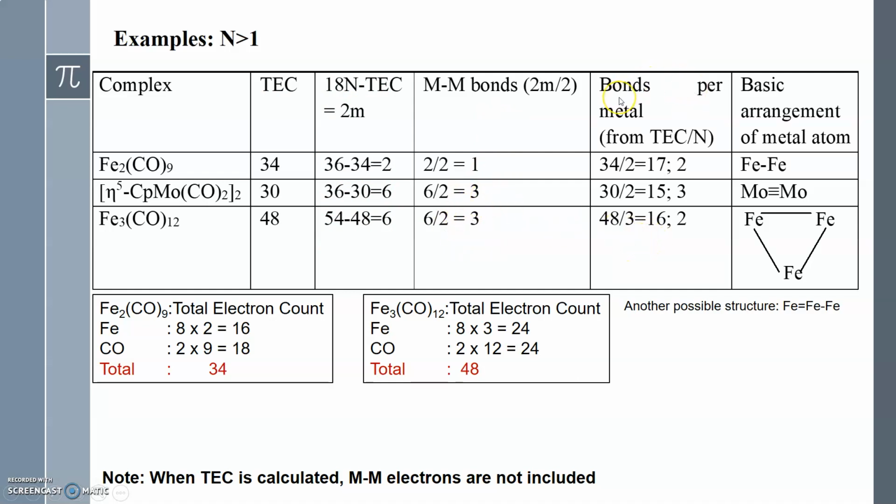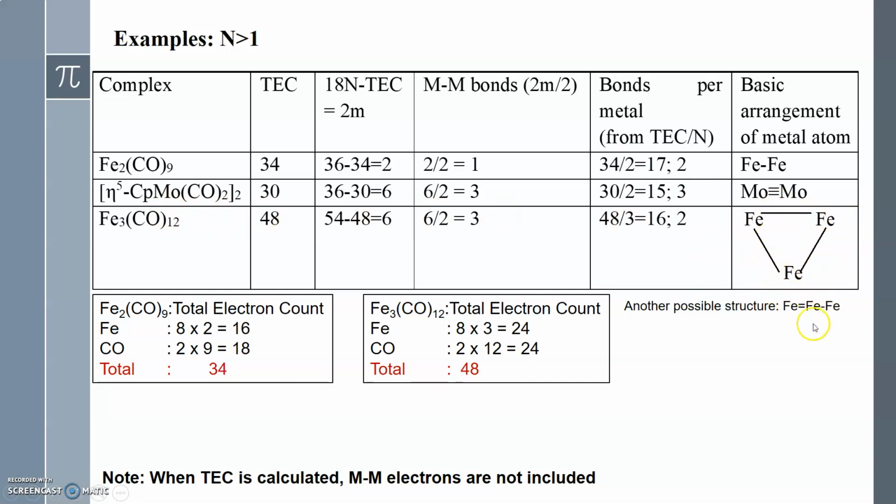So now how many metal-metal bonds are present per metal, right? So I want to calculate it. So now I am dividing 48 by 3, which gives me 16. Why do I want to know this? I can arrange the three iron atoms in two different geometries, right?